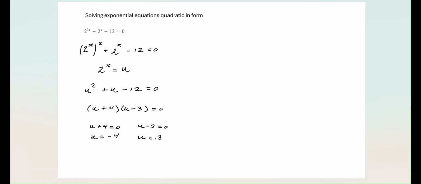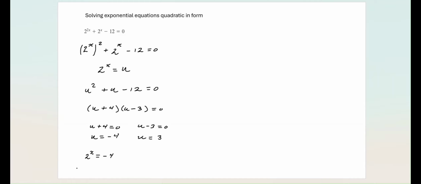Well, now we have to substitute again, in this case substituting u by the expression 2 to the x. So you get that 2 to the x equals minus 4. You don't get any solution from this equation. Why?